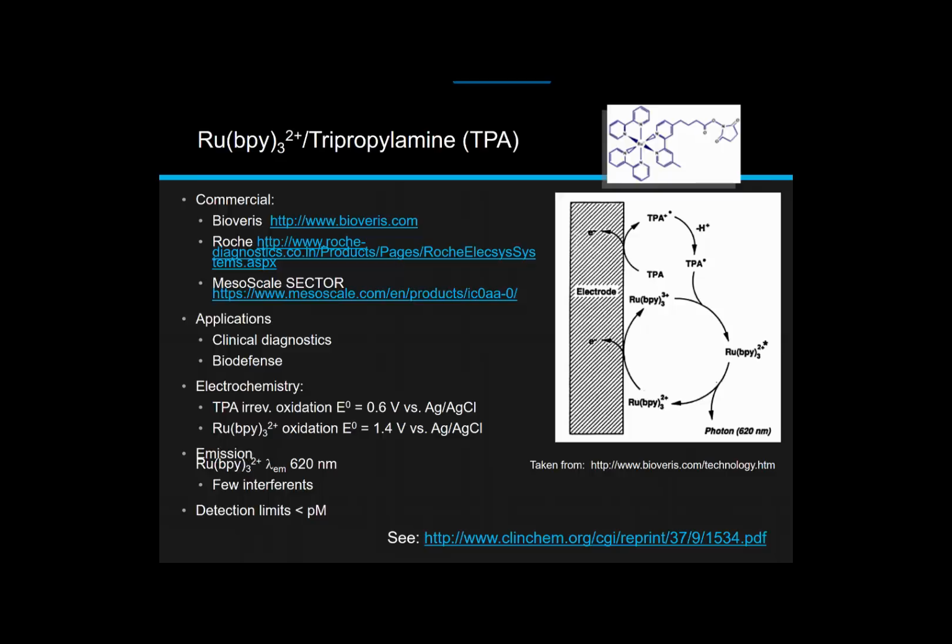And we can measure the emission of the ruthenium trisbipyridine, which in essence is being an optical label, and this will serve as the basis for our assay. Since this is an optical emission assay, it shouldn't surprise you that it has very low detection limits, sub-picomolar.